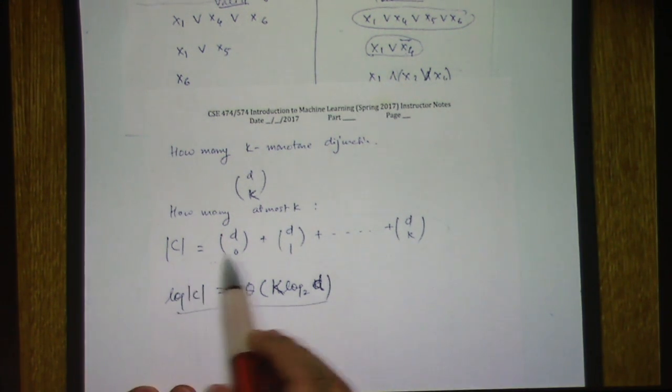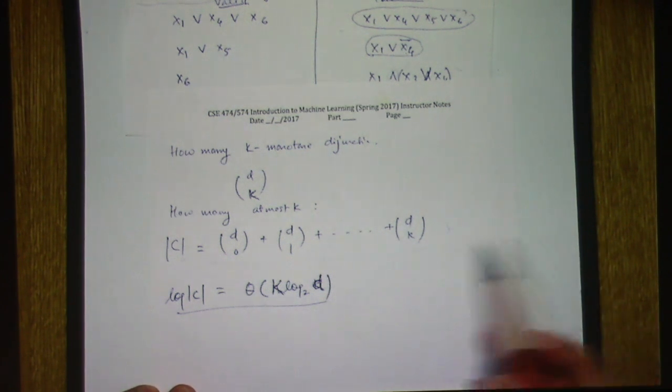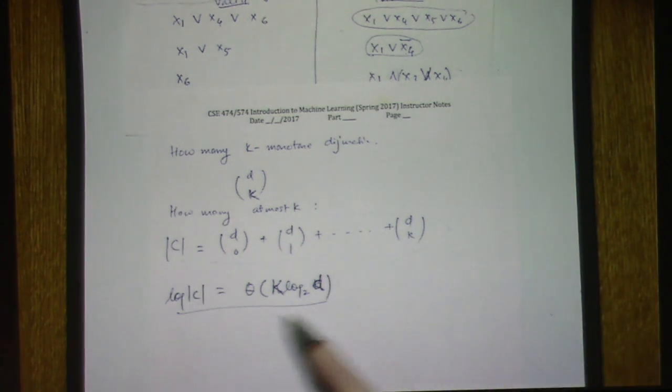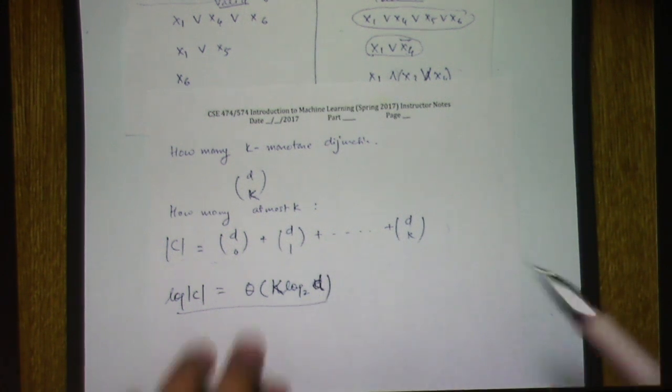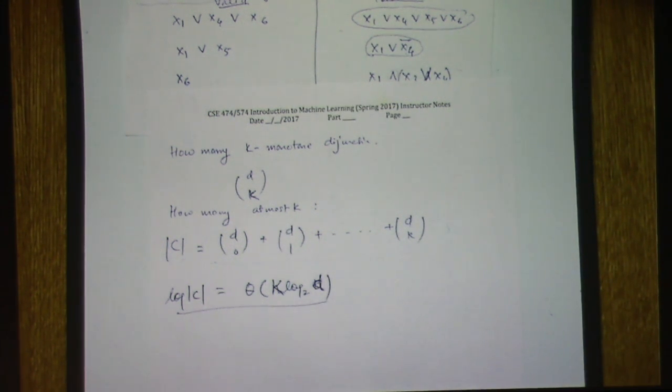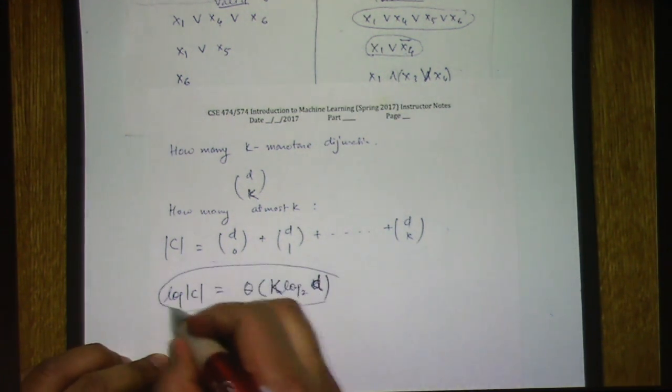Because if you let this go on till d, this would be 2 power d. That means c will be kind of d, a will become d, and then it's all the same thing, right? So yeah, this is the idea. So this is the size of the space.